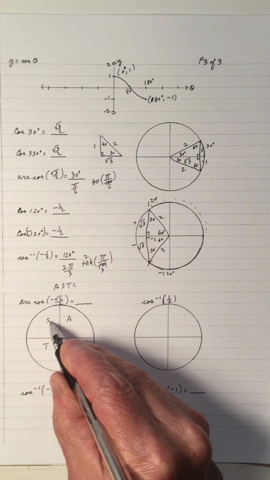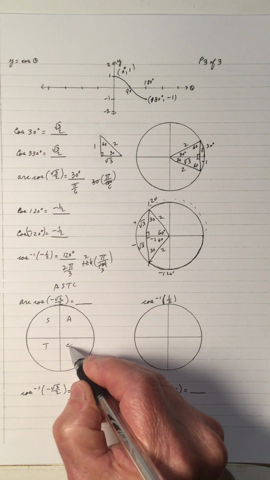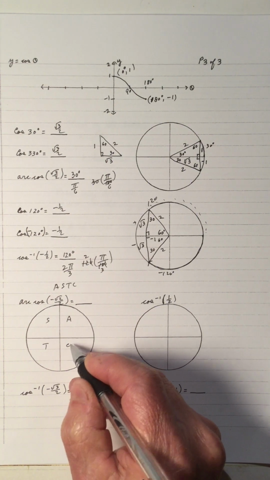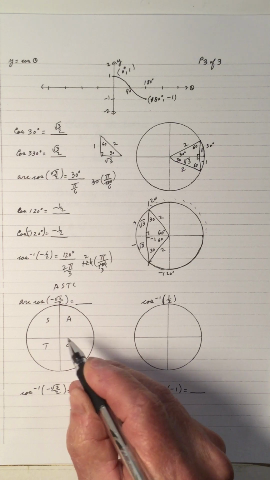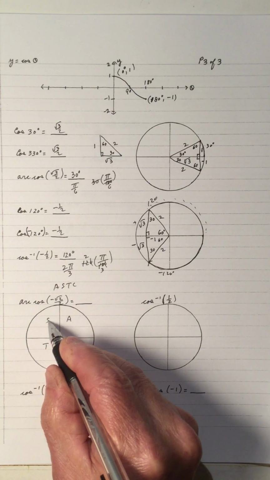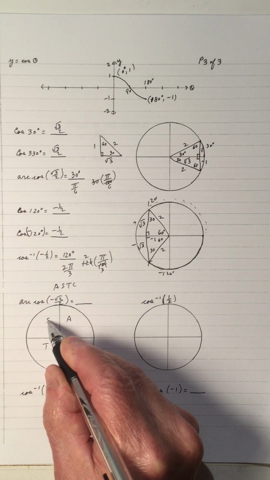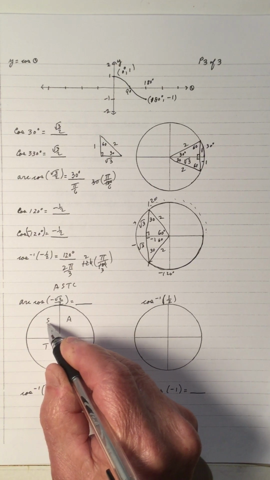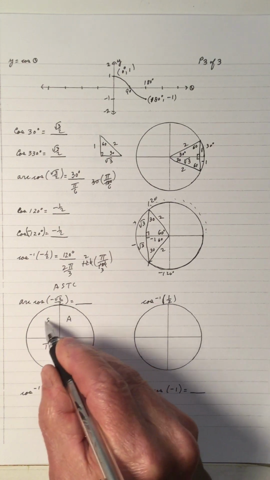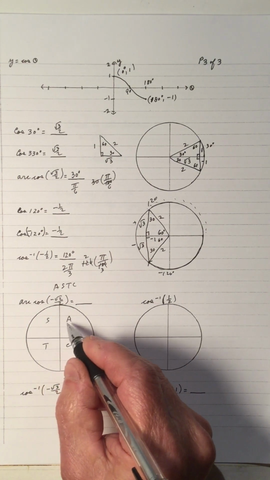Cos is positive here, so the other two are negative, so sine and tan are negative. Tan is positive here, so cos and sine are negative. Sine is positive here, so cos and tan are negative. And the reciprocals have the same signs as the primaries.